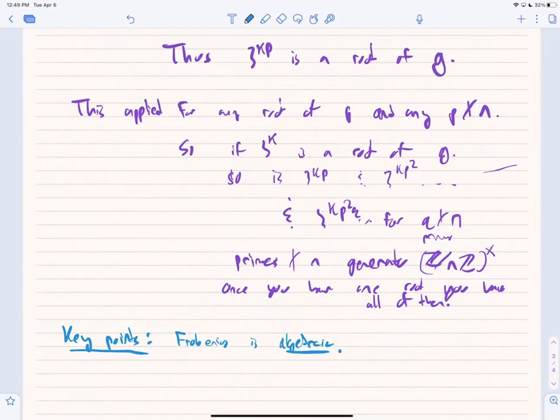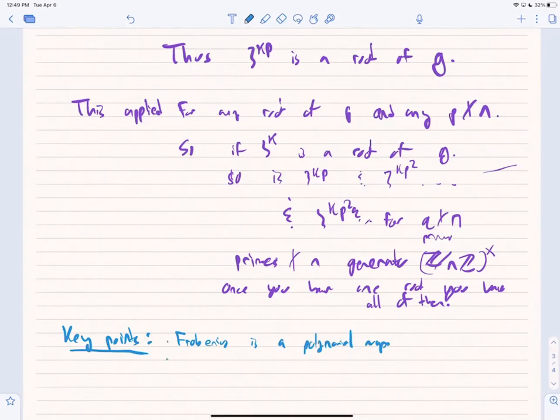Most field automorphisms are not of the form x goes to x to the p; let me say it this way, it's polynomial. So the point that the Frobenius automorphism is a polynomial map is important here.